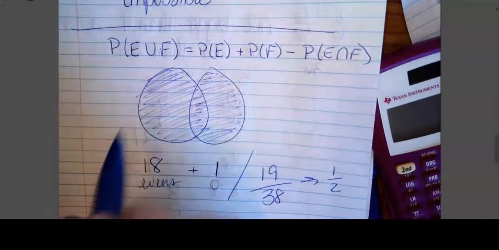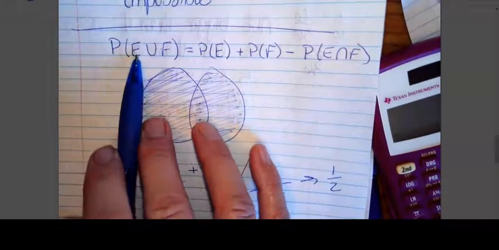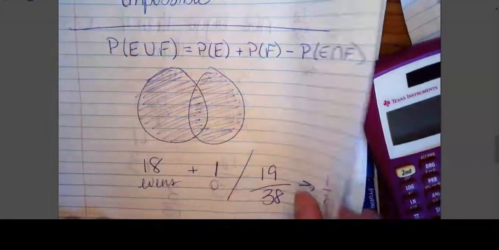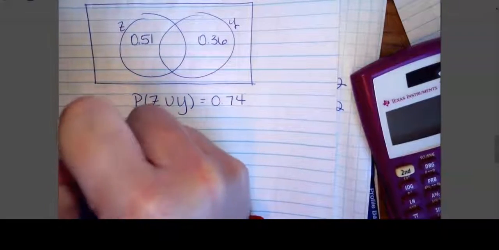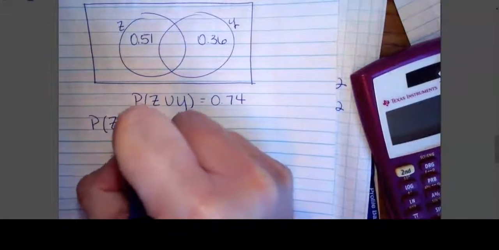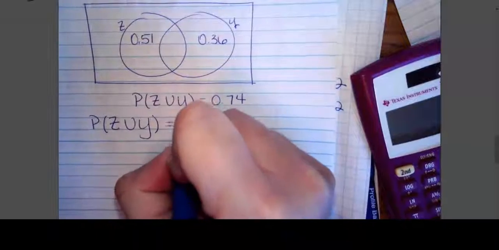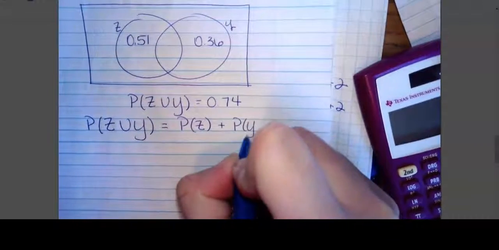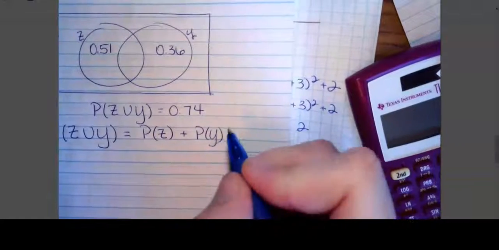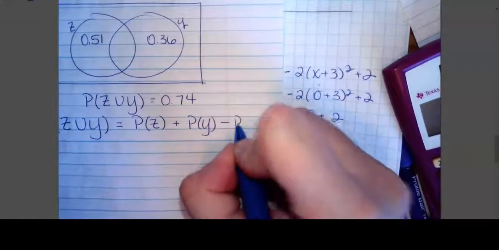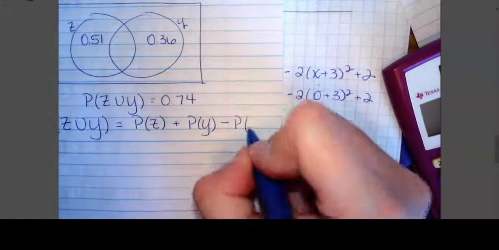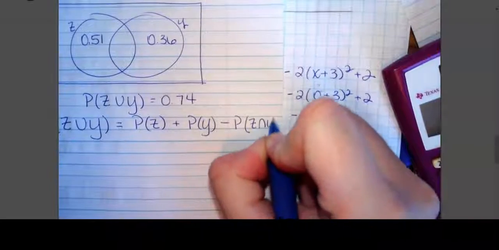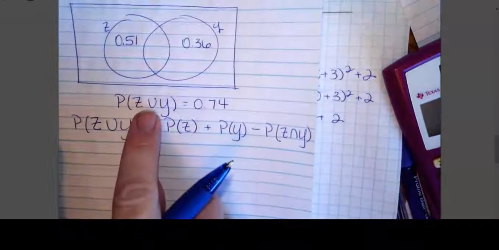So I know that the probability of Z union Y is going to equal the probability of Z plus the probability of Y minus the probability of their intersection, Z intersect Y.